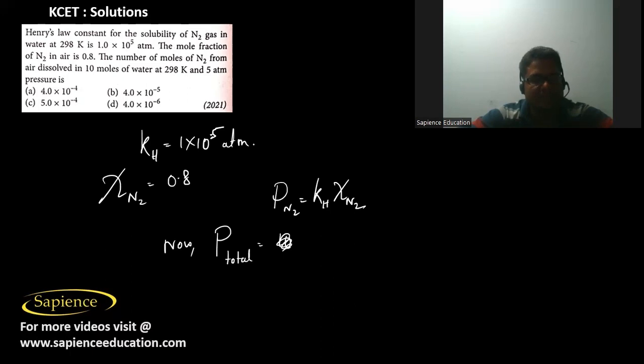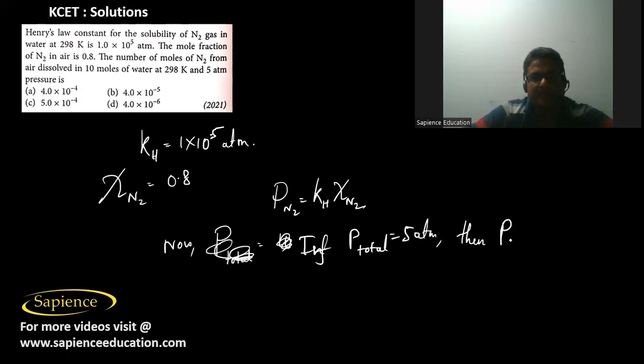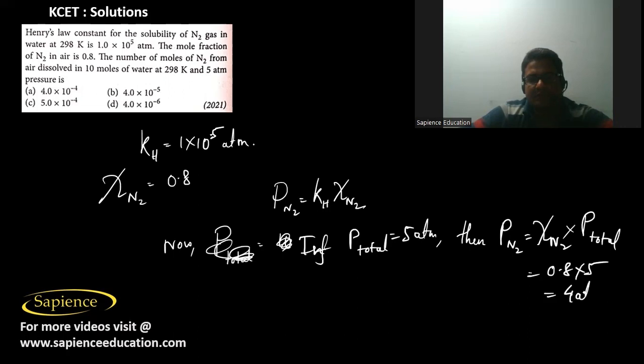The mole fraction of air is 0.8. So if the total pressure is 5 atmosphere, then the partial pressure of N2 will be equal to the mole fraction of N2 times the total pressure. So that will be 0.8 times 5 atmosphere, that is 4 atmosphere.